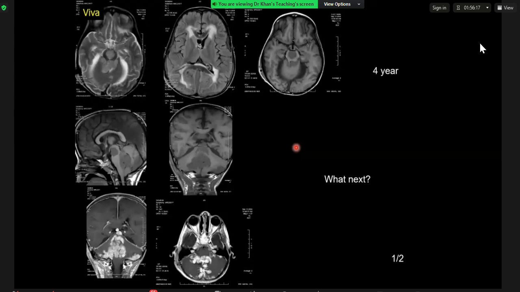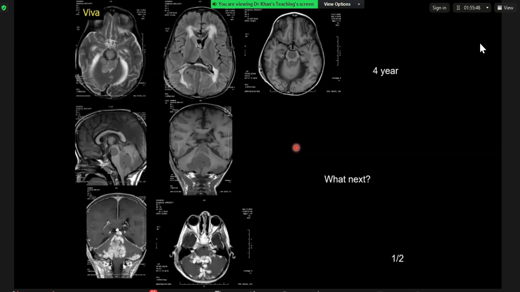On T1, it's hypodense and it avidly enhances. On post-contrast sequences, there is also dural or leptomeningeal enhancement in the posterior fossa on post-enhancement imaging.